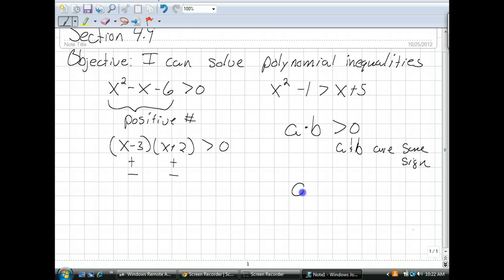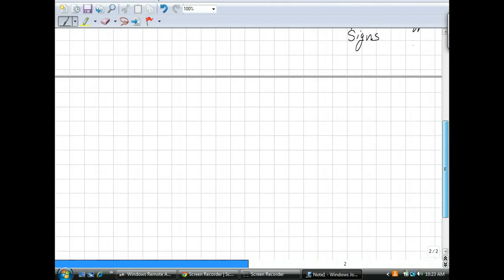If we want a times b to be less than 0, then a and b must be opposite signs. Okay, so we're going to use that idea in order to solve our inequalities. So let's look at an actual example.